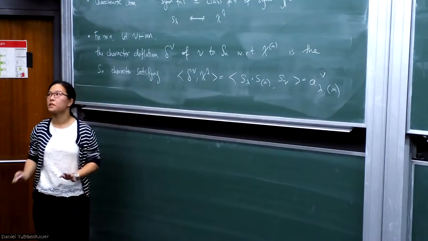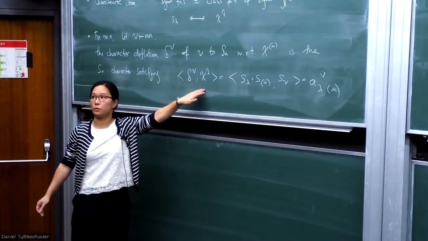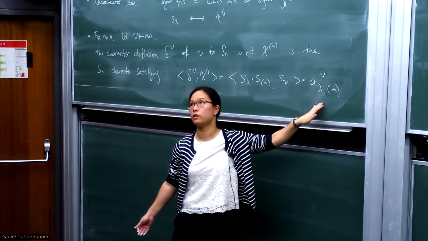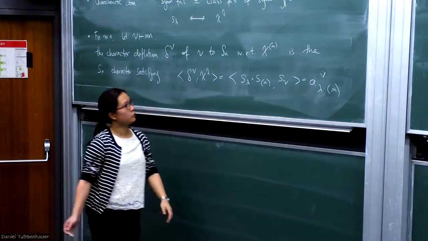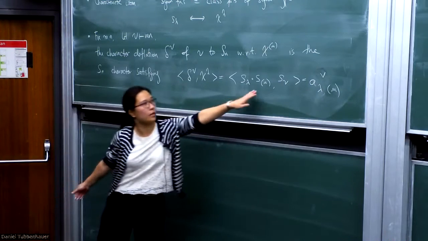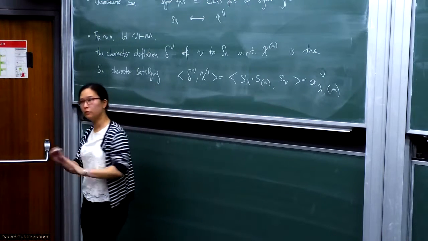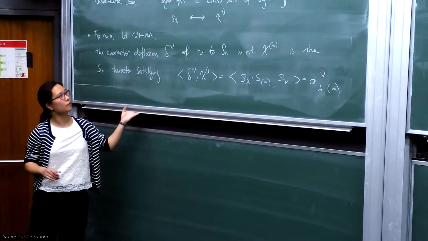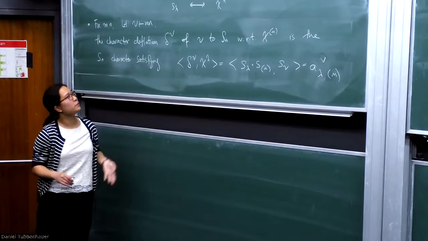So all I'm saying is the number of times we see the irreducible chi lambda in it is exactly the plethysm coefficient that we were interested in earlier. Of course, we could deflate with respect to other partitions of n as well, but for this talk, we'll just be deflating along the trivial.